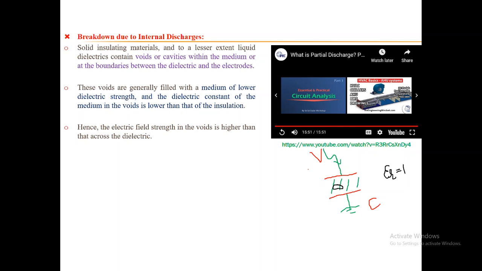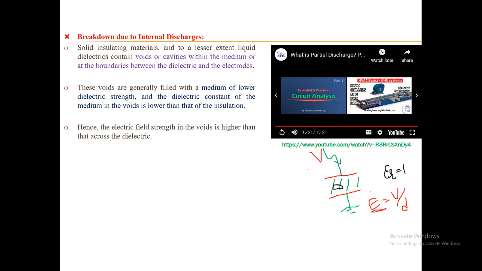So you know that E is equal to V upon D. Now as we are applying a variable voltage, meaning sinusoidal voltage, where the voltage is being increased from zero to its maximum value during the positive cycle as well as during the negative half cycle, this electric field intensity is developed across the dielectric material.